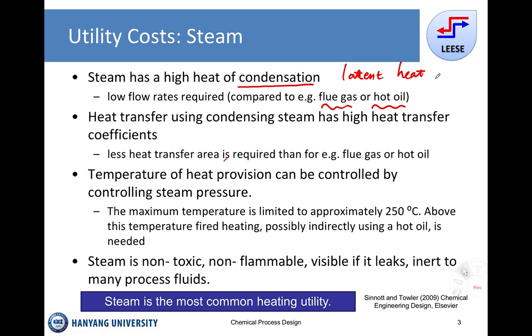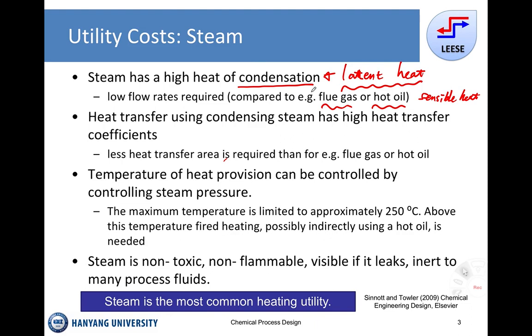These flue gas or hot oil typically utilize the sensible heat. But for steam, the heat exchange is based mainly on the latent heat, which enables us to carry a large amount of heat through the steam that will facilitate better heat transfer.